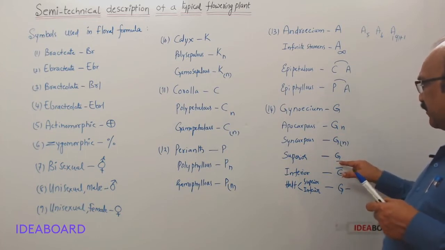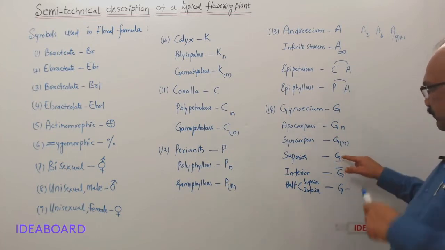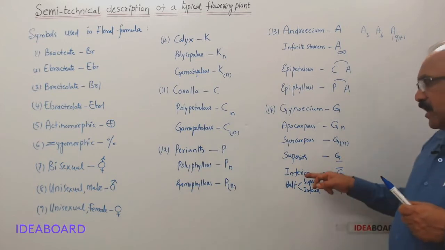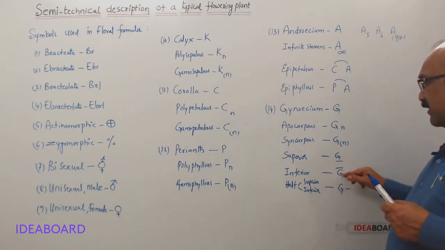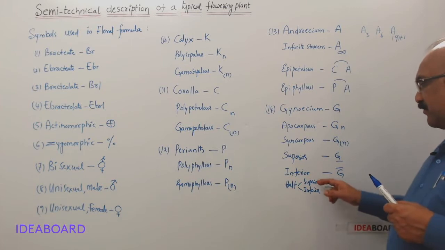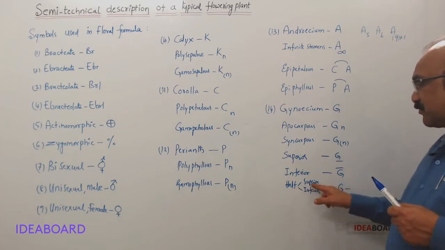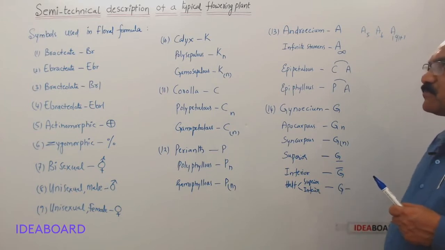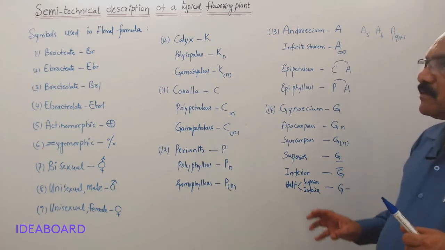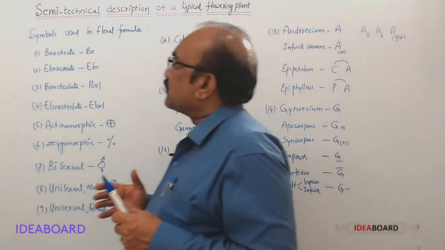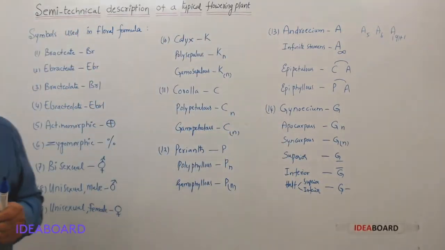We keep a hyphen below the letter G. We keep the hyphen above the letter G if it is inferior, and we keep the hyphen by the side of the letter G if it is half superior, half inferior. That's how we have to use these symbols.